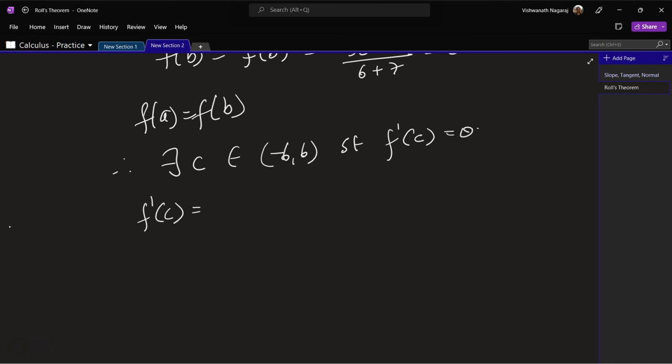So f prime of c is equal to what? Now here the function that we were given is x square minus 36 by minus x plus 7. So let's differentiate it.